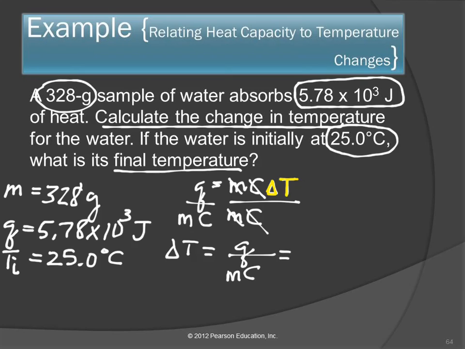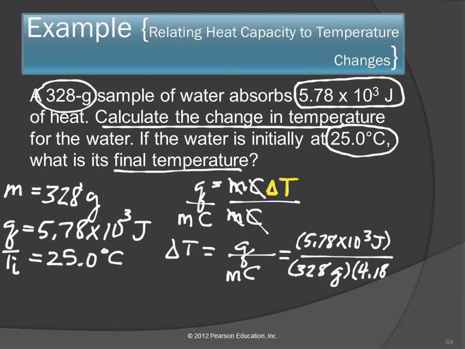Okay, so Q is 5.78 times 10 to the third joules. M is 328 grams. What is C? 4.184 joules per gram degree Celsius. Where did that come from?